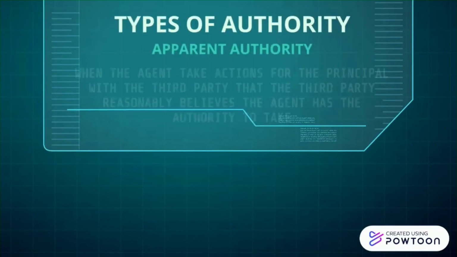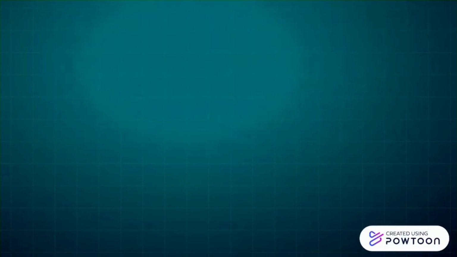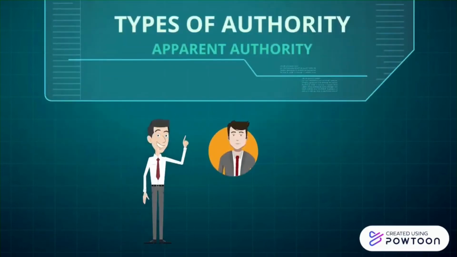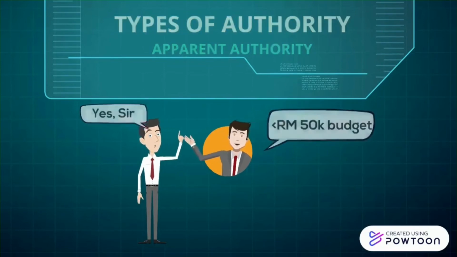Apparent authority is when the agent takes actions for the principal with a third party that the third party reasonably believes the agent has the authority to take. As an example, a principal hires an agent to manage his business. The principal tells the agent that he can't buy more than 50,000 ringgit of goods from any supplier.